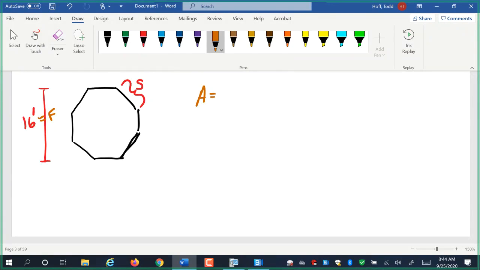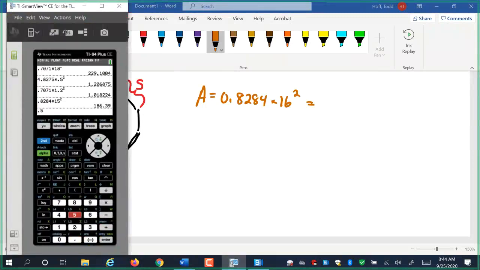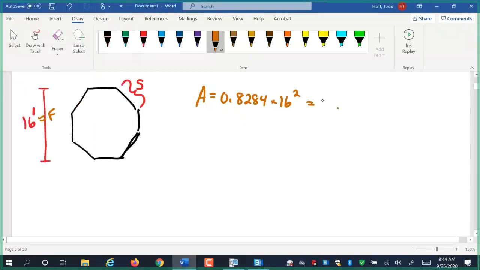So the area based on that flat would be 0.8284 times 16 feet squared, giving us 135.27 square feet.